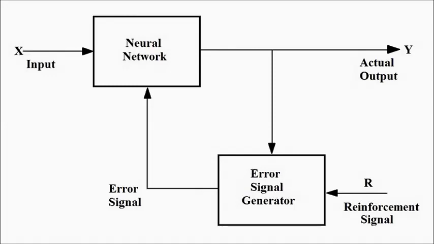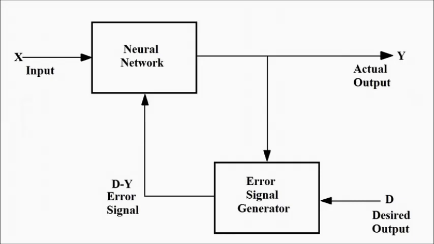But what is the difference between the reinforcement learning and the supervised learning? In supervised learning, the desired output signal is in absolute values. Suppose the neural network has to produce, let's say, an electrical output of 10 volt.